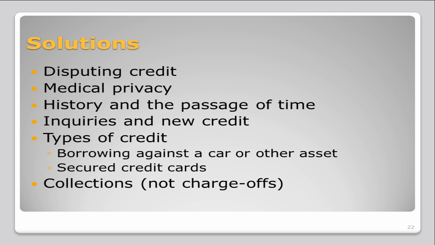There is something called medical privacy. It's HIPAA, and it doesn't allow creditors or any medical provider to provide private information about your medical history. So I have found one of my top credit repair company people has been able to get every medical collection removed from a credit report simply because it's a violation of HIPAA.